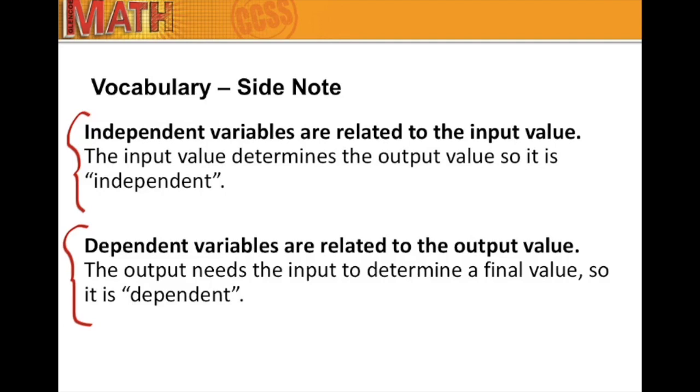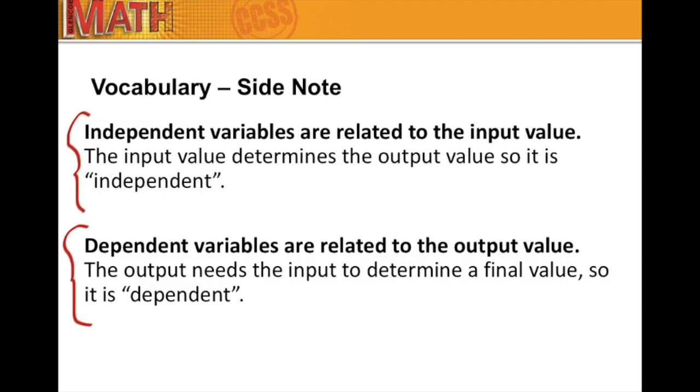The input value determines the output value, so it is independent. Because this variable determines what happens, it's independent. It doesn't need any other numbers. Your dependent variables are related to the output value. So the output needs the input to determine the final value.